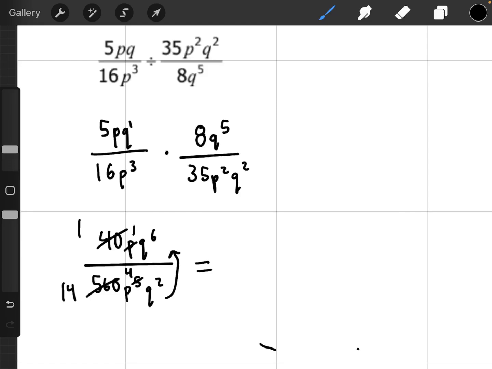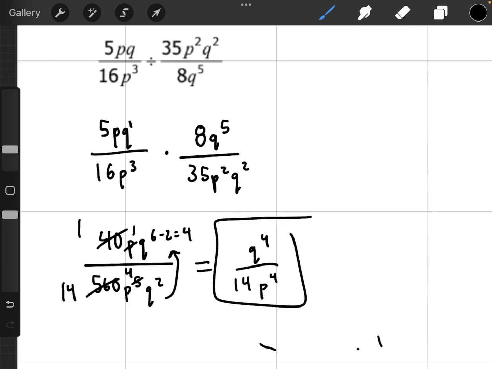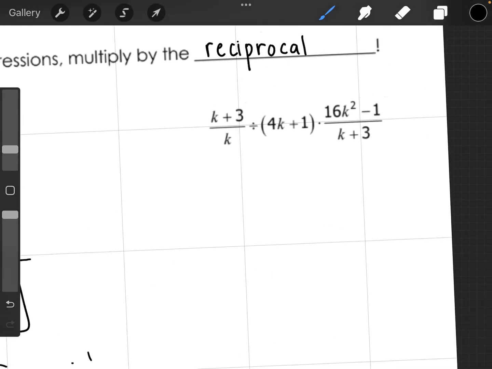Q to the power of 2 goes into q to the power of 6 4 times. So now we'll rewrite this as q to the power of 4 over 14 times p to the power of 4.